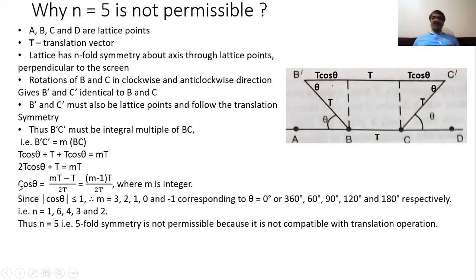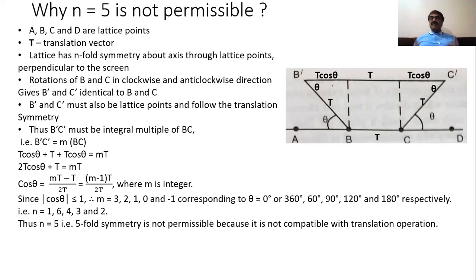Now look at what we have obtained. Cos theta is equal to (m minus 1) by 2, where m is an integer. An integer can take any value: 0, 1, 2, 3, etc. Now which values are permissible? The permissible values of the integer m can be obtained by considering the values of cos theta.